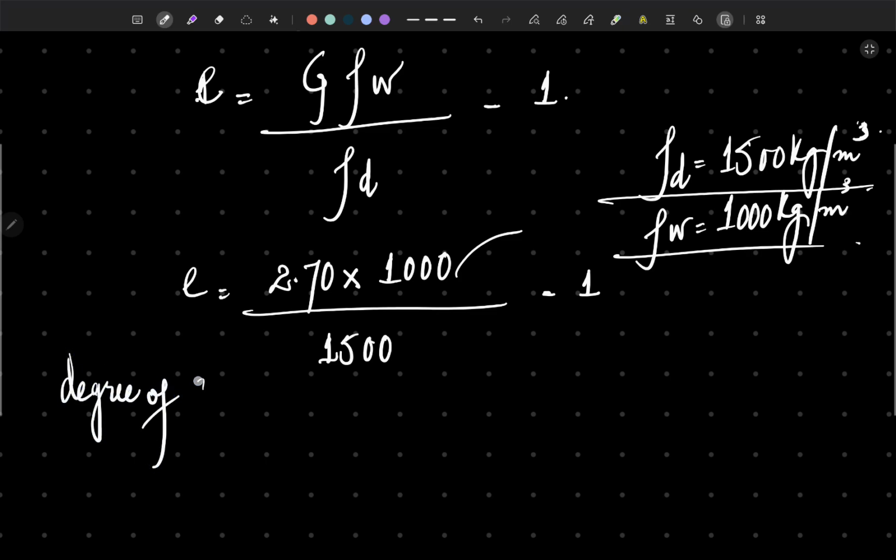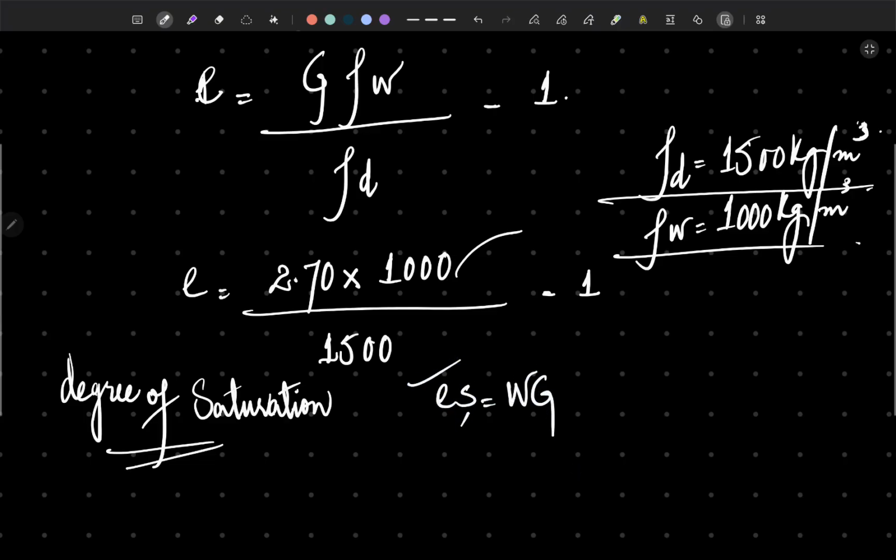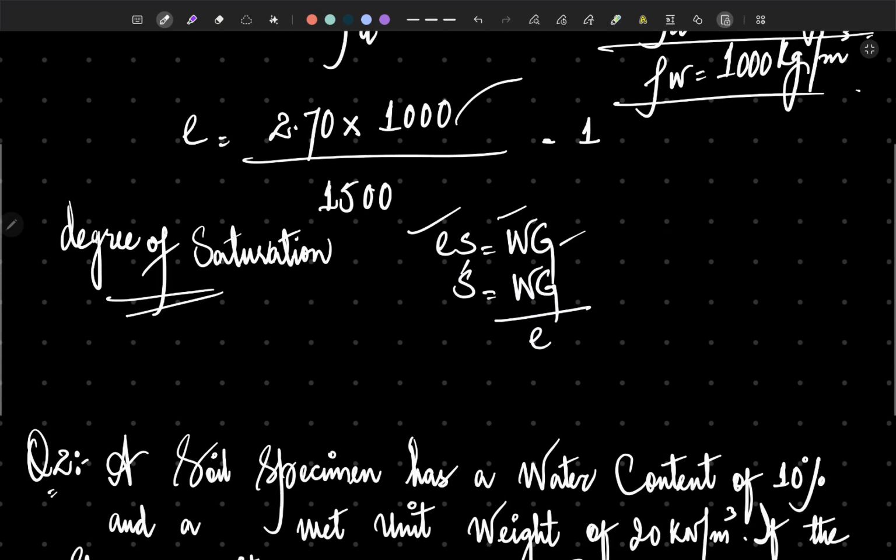Degree of saturation is related to the other parameters that we have already found in this question by this expression. We know the general expression is eS equals wG, where e is the void ratio, S is the degree of saturation, w is the water content, and G is the specific gravity of the soil solid particles. So we'll go on substituting the values and finding the degree of saturation accordingly.